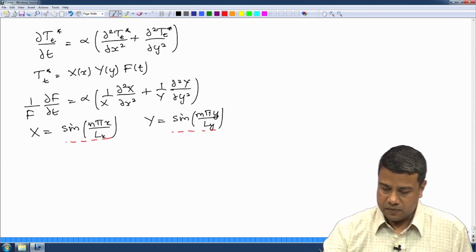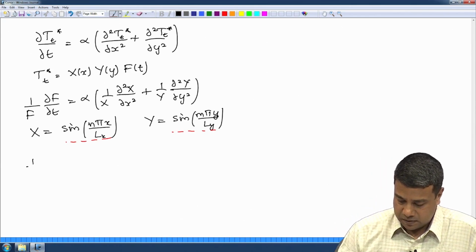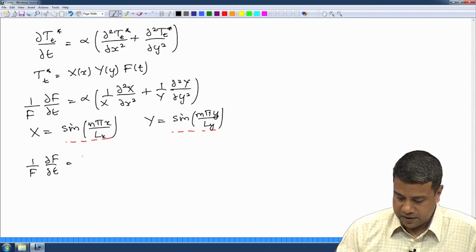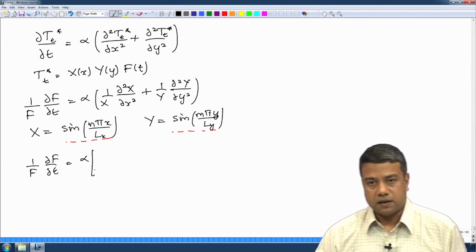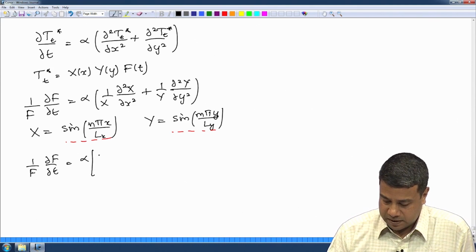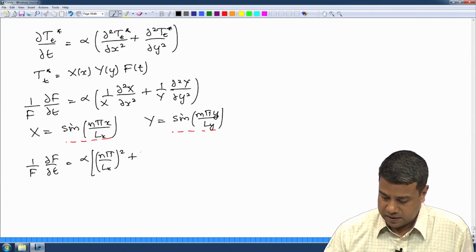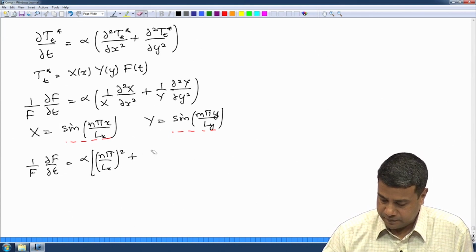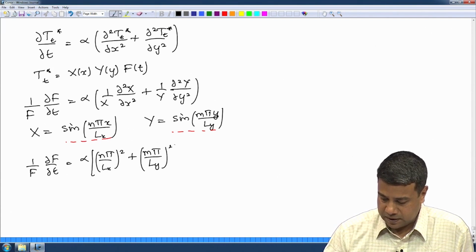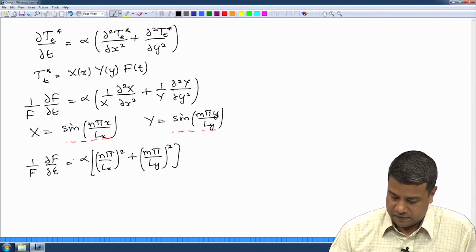And once you put that in, you will get 1 by f partial f by partial t is equal to alpha, the thermal diffusivity, times minus n pi by Lx the whole square plus m pi by Ly the whole square, with a negative sign here.